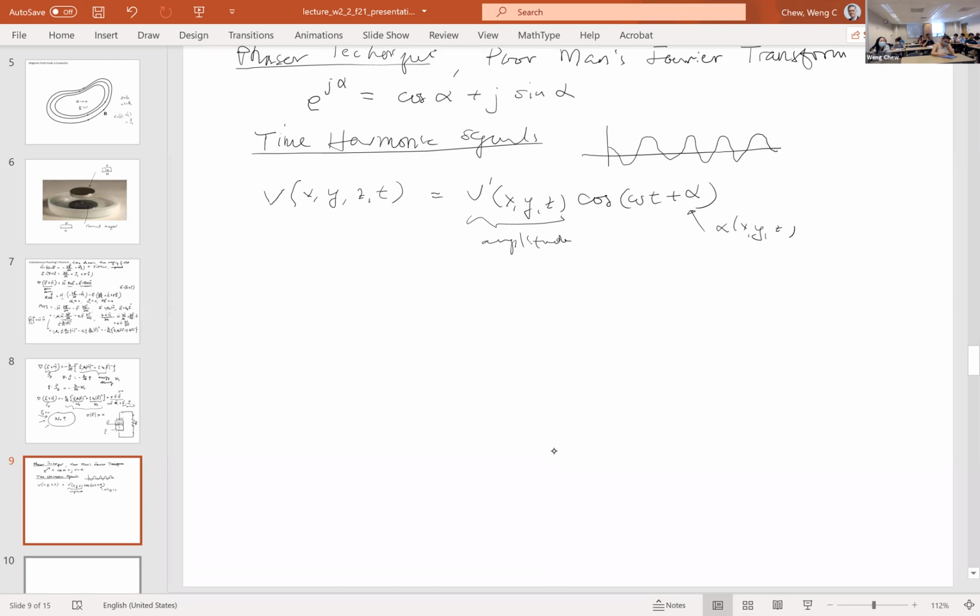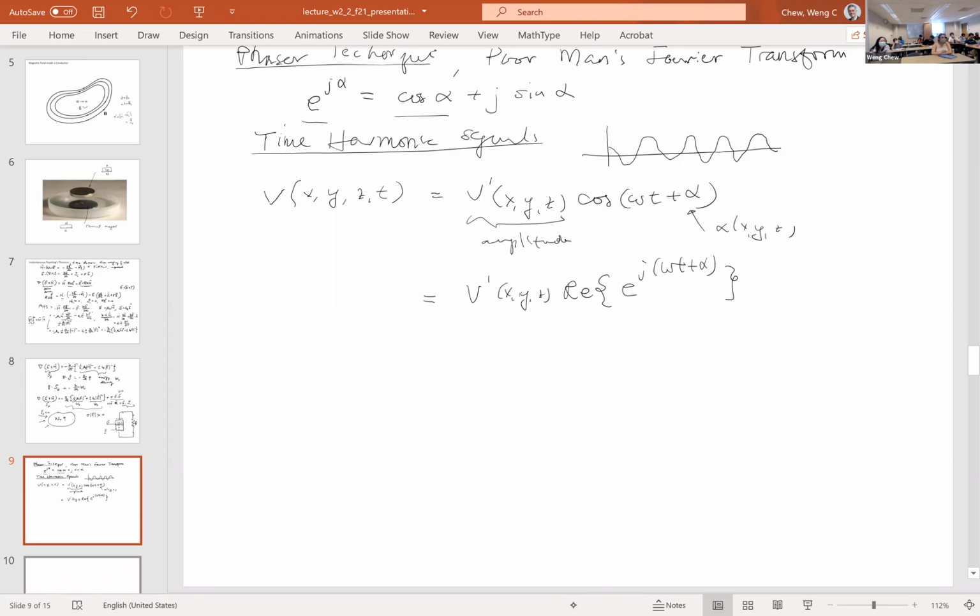So what happens then is that I can write this more succinctly as V prime of x, y, z, the real part of e to the j omega t plus alpha. This is just the use of Euler's formula, because if I take the real part of this, I get this part.